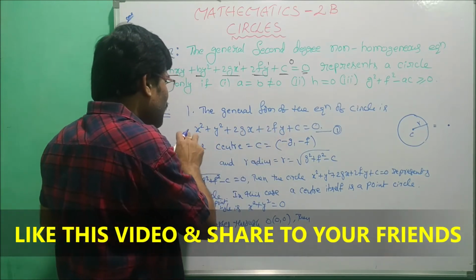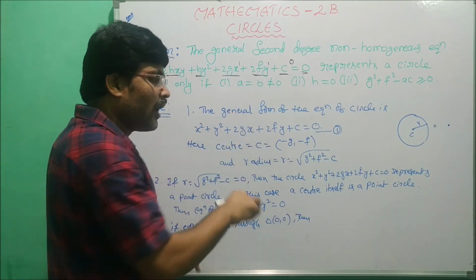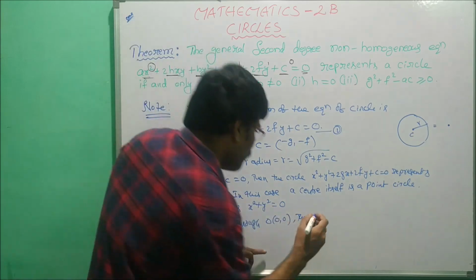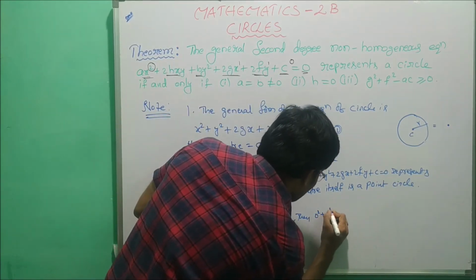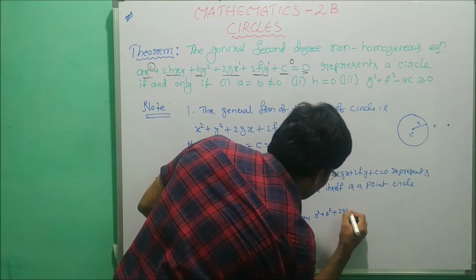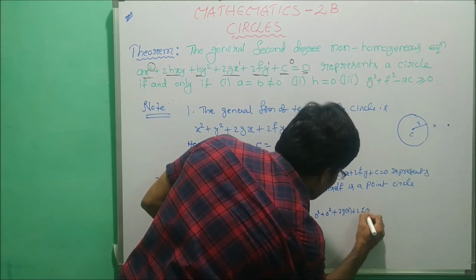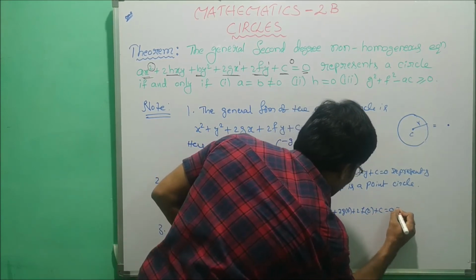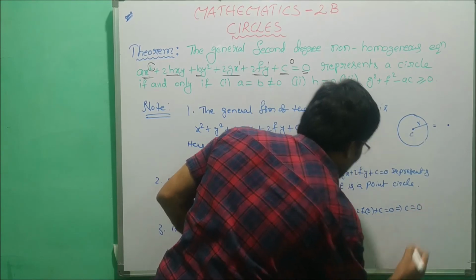Here all the x and y terms are equal to 0. So 0 square plus 0 square plus 2g into 0 plus 2f into 0 plus c equals 0. Now we get the value of c is always 0.